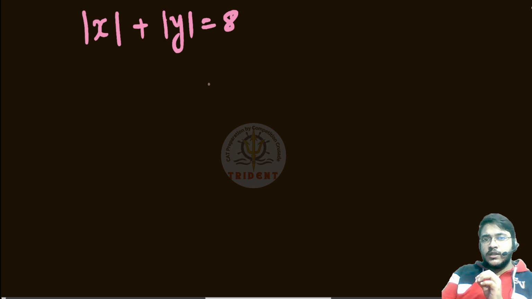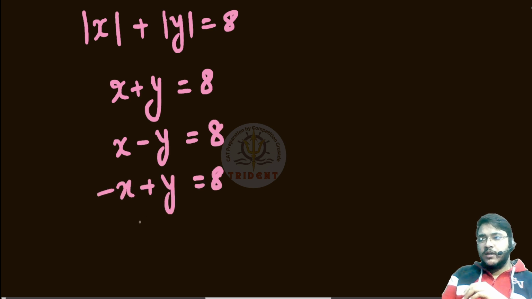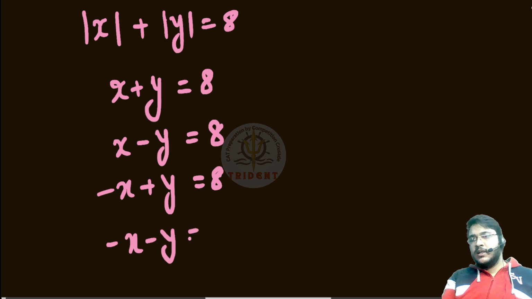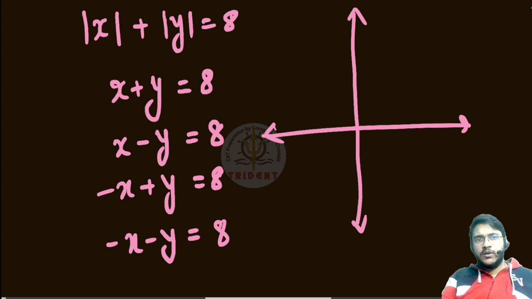If you open the modulus function, you will get x plus y equals to 8, x minus y equals to 8, minus x plus y equals to 8, and minus x minus y equals to 8. Now if you plot these 4 lines, and I'm pretty sure you are well versed with plotting, all you need to do is substitute x equals to 0, you get a value for y, and then the typical graph that you will be getting is something like this.